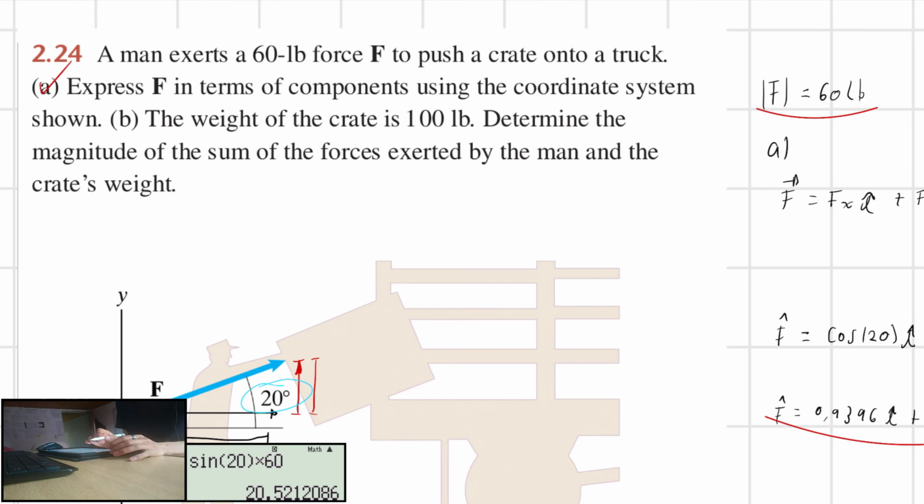Part B. The weight of the crate is 100 pounds. Determine the magnitude of the sum of the forces exerted by the man and the crate's weight. Alright, the weight of the crate is 100 pounds. Determine the magnitude of the sum of the forces exerted by the man and the crate's weight.